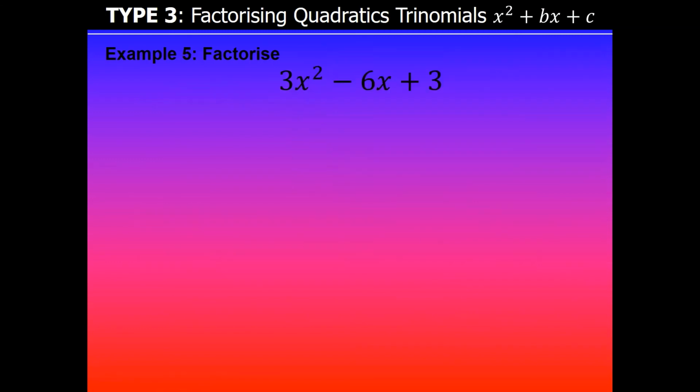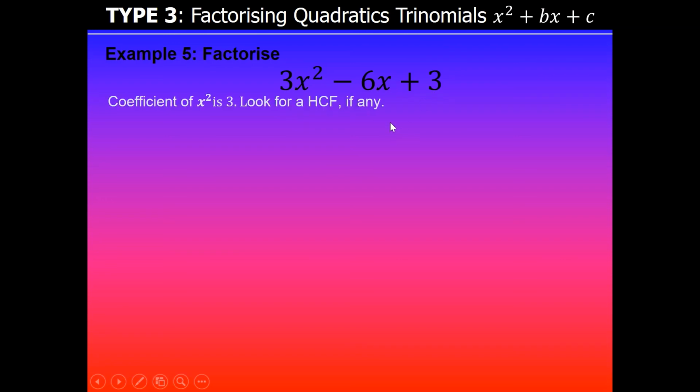Now we'll look at a little bit harder problem here. Now in this case, it says factorize 3x squared minus 6x plus 3. So what we normally do is, if the coefficient of x squared is anything but 1, then the first thing you need to look for is to see if there is a common factor.